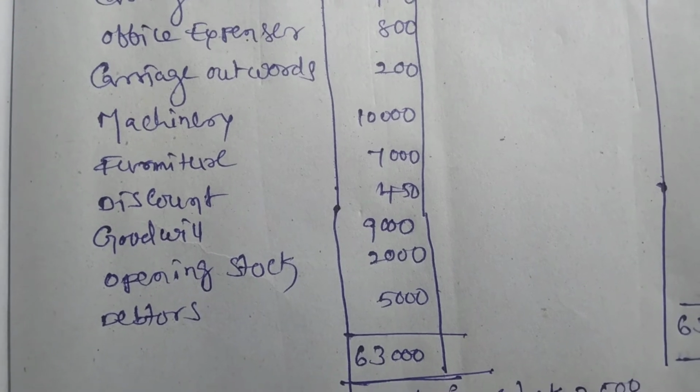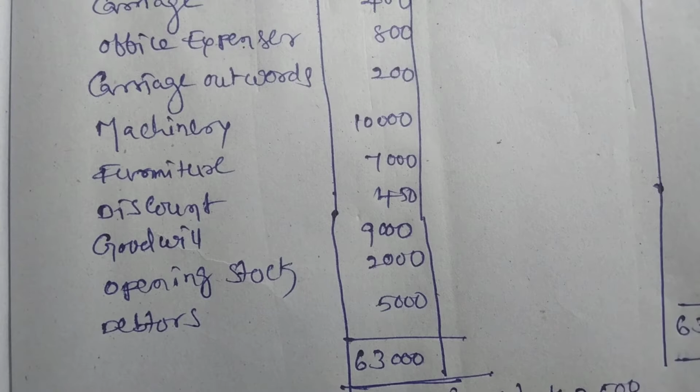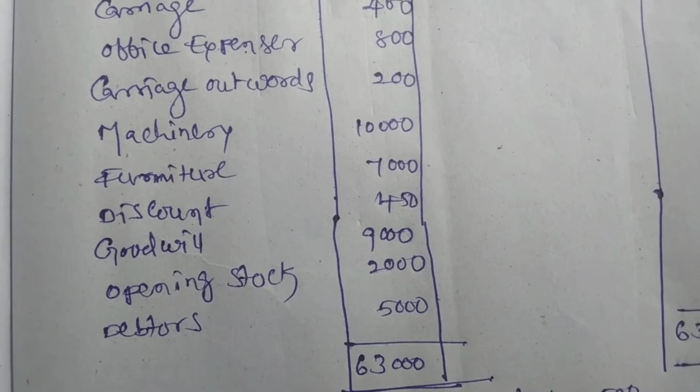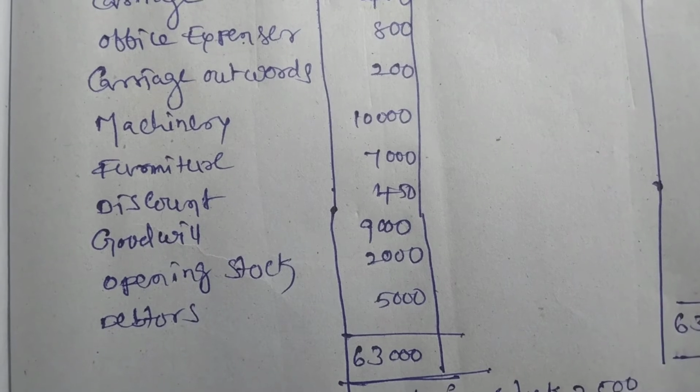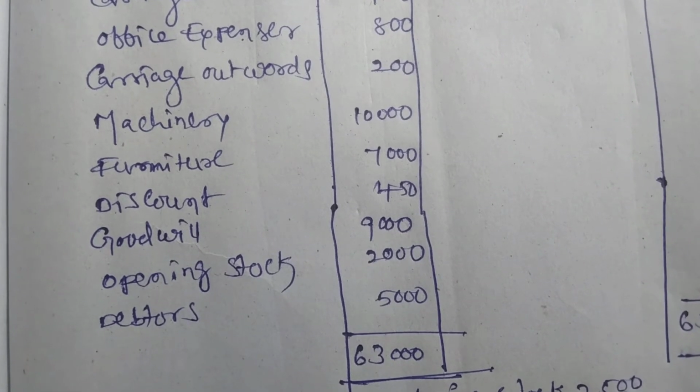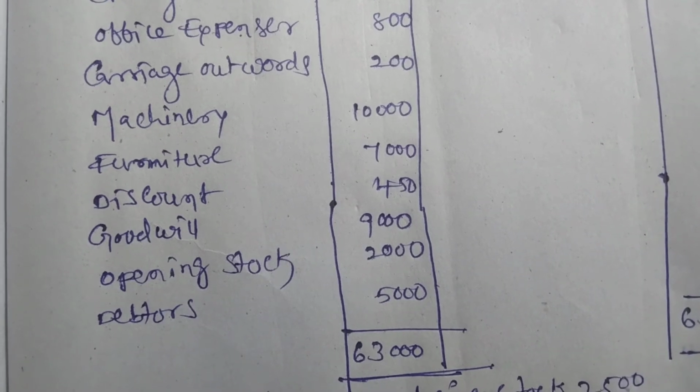Next one is furniture and machinery. Machinery 10,000, furniture 7,000. Both of these transactions belong to assets, so machinery and furniture are recorded on the asset side of the balance sheet.